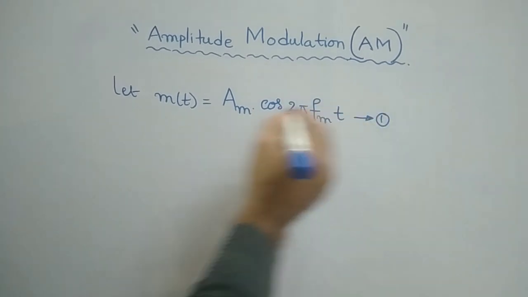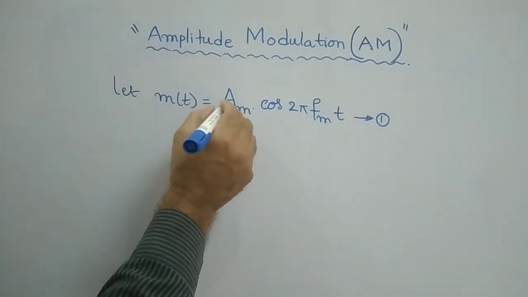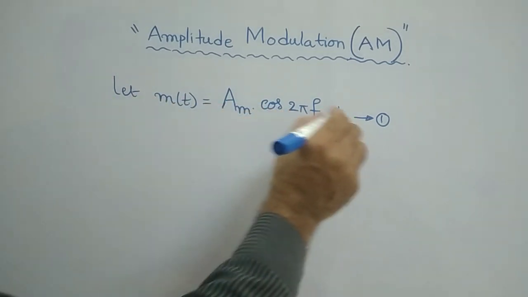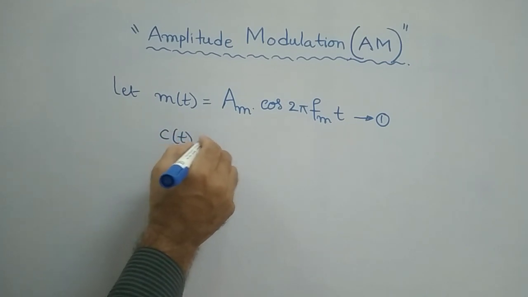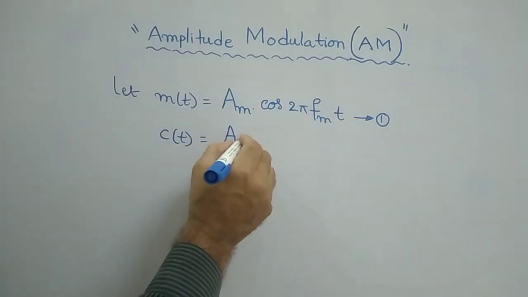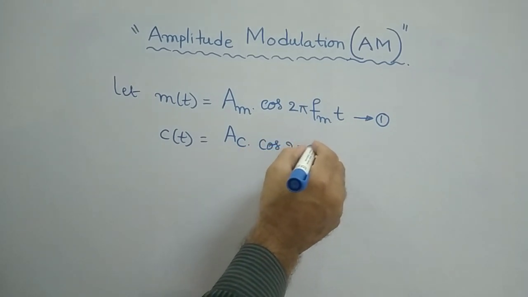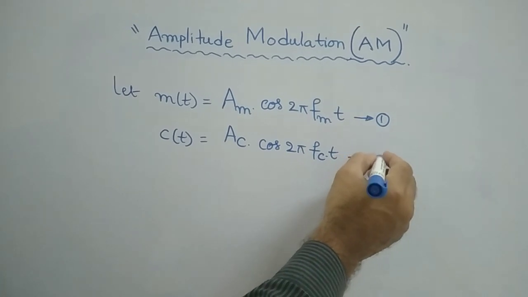A suffix m is the amplitude of the message signal. It is a cosine signal actually. And similarly, the carrier signal c of t is equal to A suffix c into cos of 2 pi f suffix c into t. Call it equation number 2.